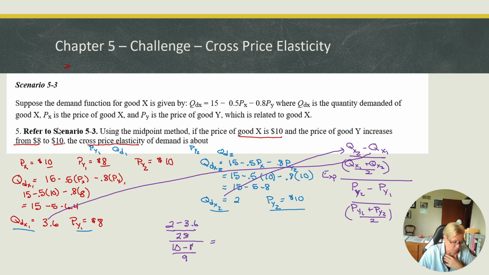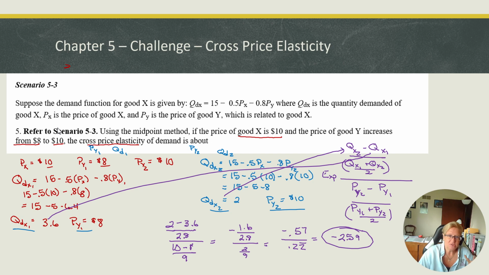And so we end up with negative 1.6 over 2.8, over 2 over 9, which equals negative 0.57 over 0.22 repeating, which ends up being negative 2.59. So the cross-price elasticity is negative.